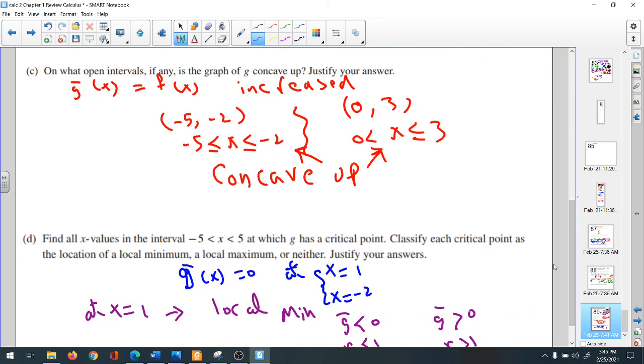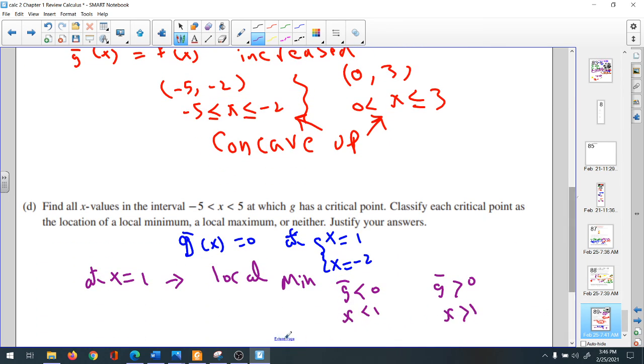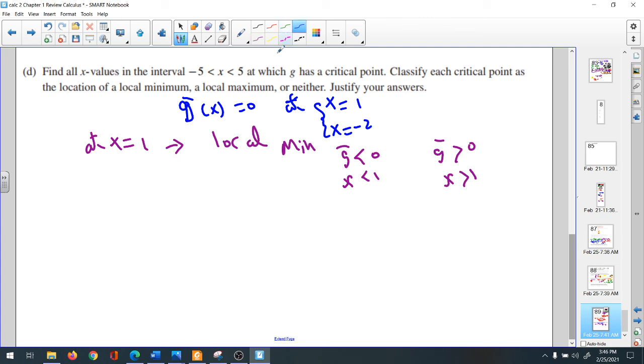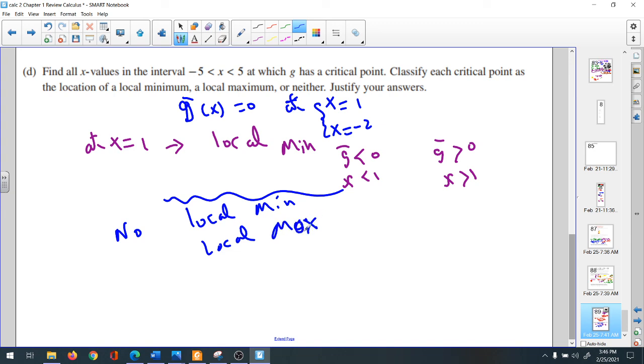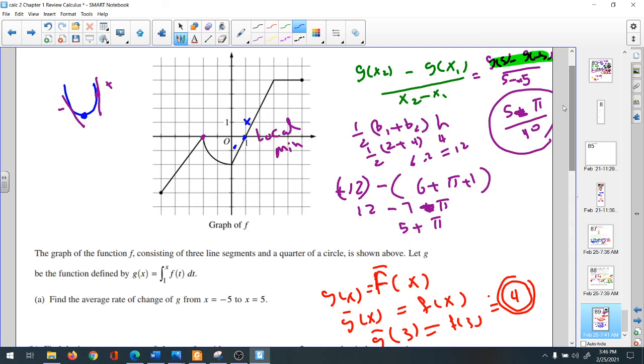You will submit that there is no local minimum and no local maximum at x equals negative 2, because there is no change before or after. This is the answer of question 3, year 2017. I wish you the best of luck in your test.